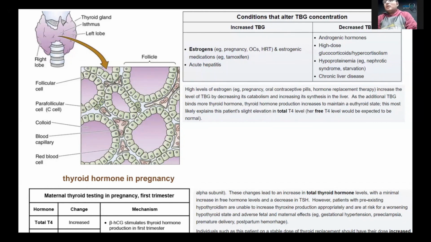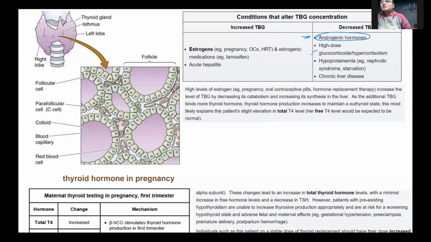These are the androgenic hormones, not estrogen. The reason is that when androgen hormones increase, the estrogen-androgen ratio is disturbed. This disturbance of the ratio causes decreased TBG.